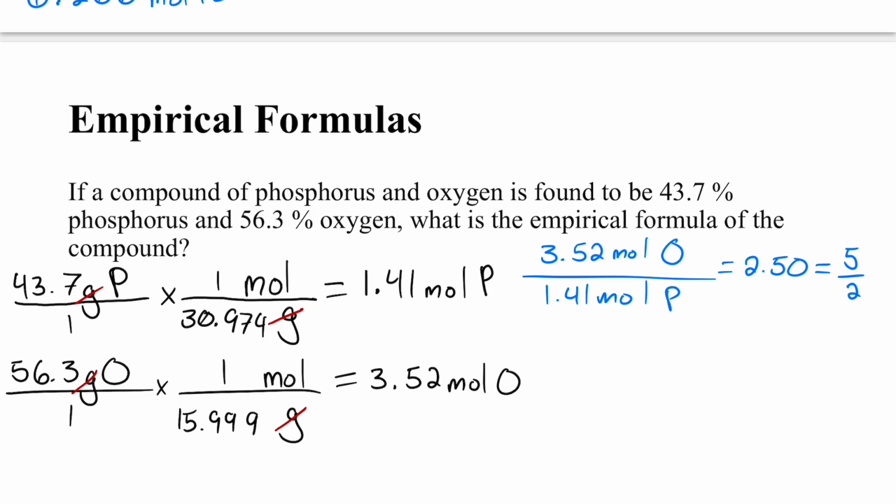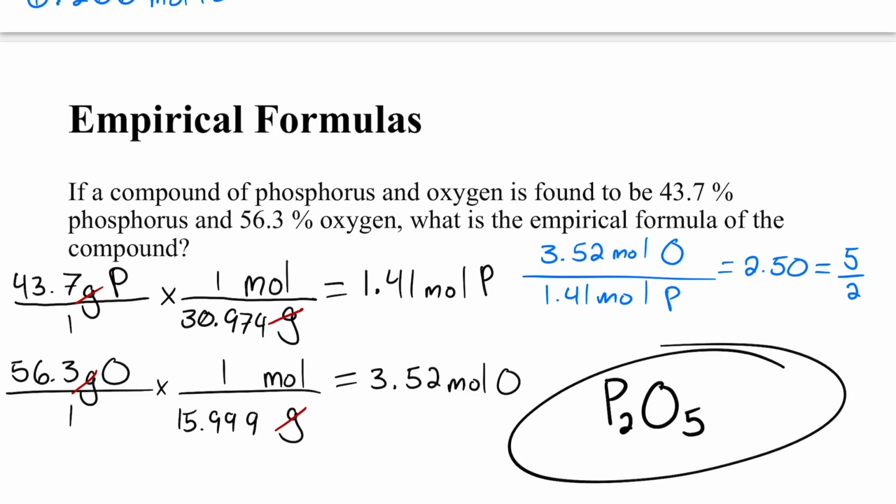So this tells us that our compound is 2 parts phosphorus and 5 parts oxygen. So we would write its chemical formula as P2O5, and that would be the empirical formula.